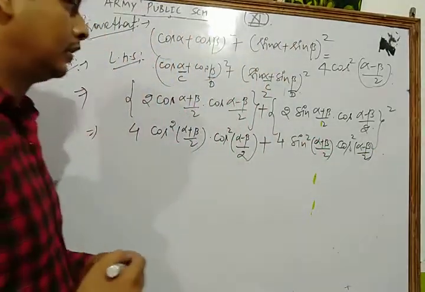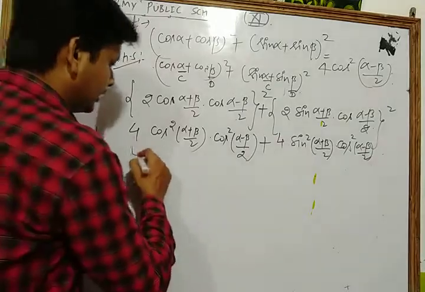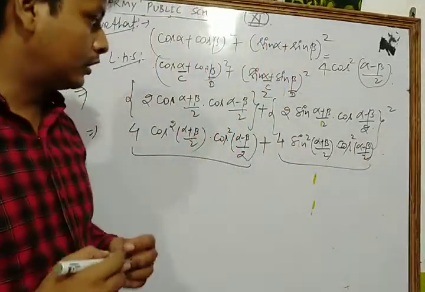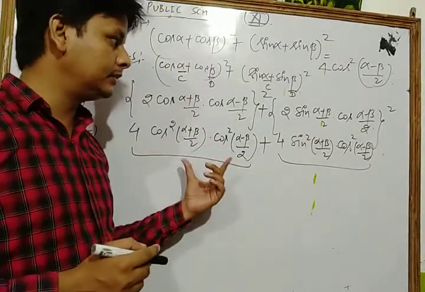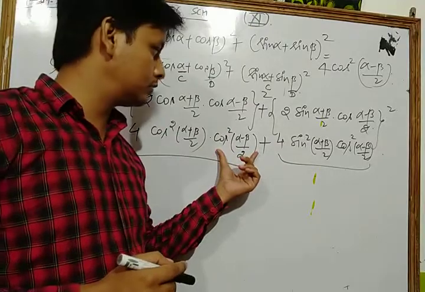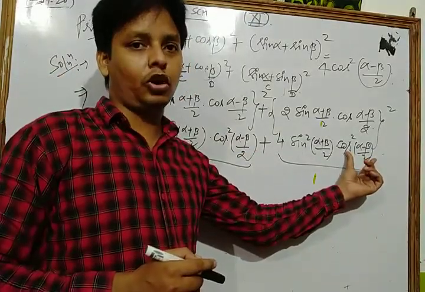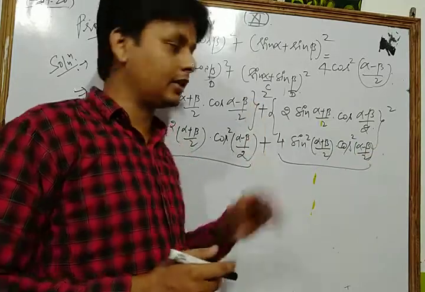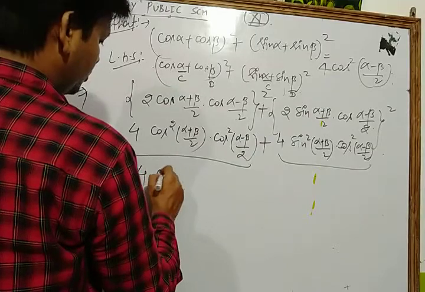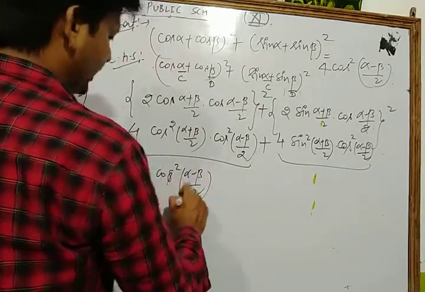Now let's see. There are two parts, this is the first part and this is your second part. What is common in both the parts? The common part is 4 cos square (alpha minus beta) by 2. 4 is also common, so we take 4 into cos square (alpha minus beta) by 2 as common.